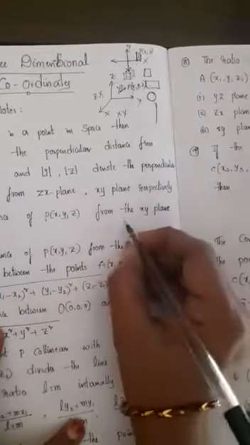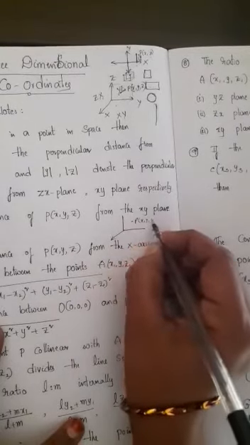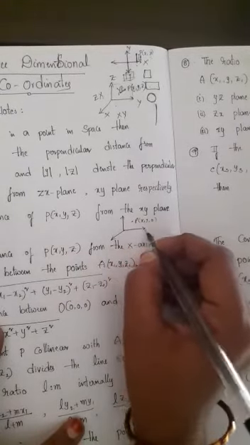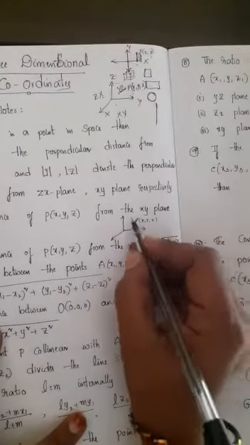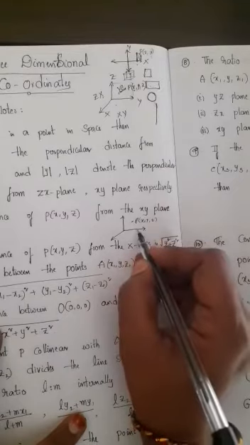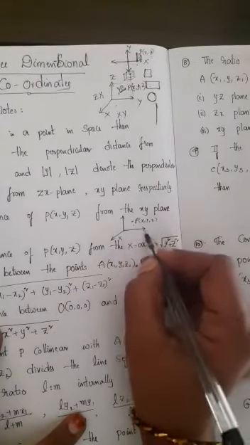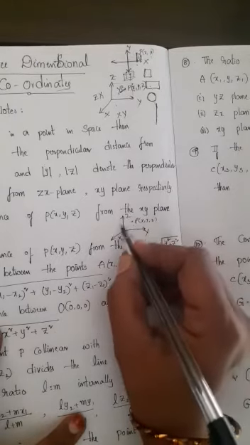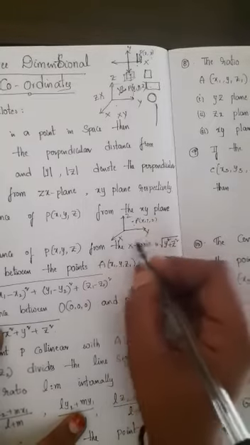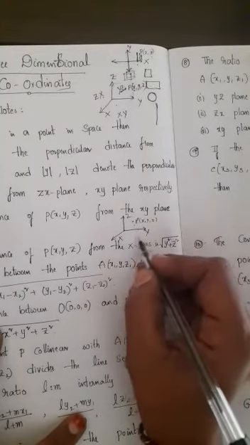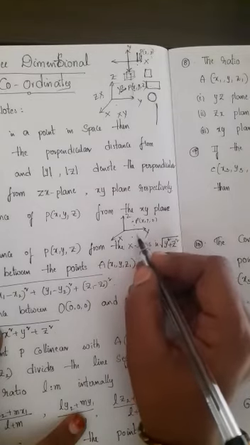If you take our point P x comma y comma z and want the distance from the yz plane, it is x units. From the zx plane it is y units. From the xy plane it is mod z units away.